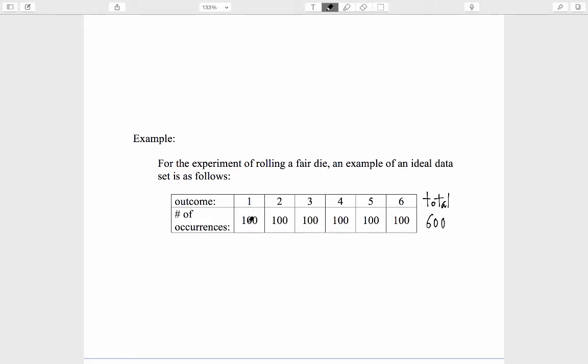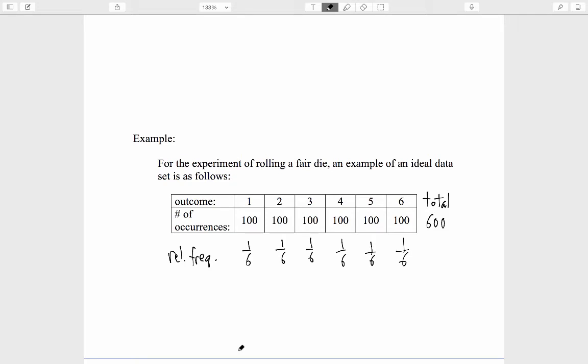And because 100 out of 600 equals 1/6 of the rolls are ones, the relative frequency is 1/6, and the probability is also 1/6. So the relative frequency matches the probability. Similarly for each of the other values that can appear on the die. The relative frequency equals the probability.